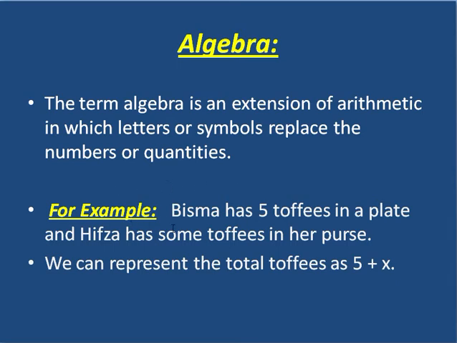For example, Bisma has 5 toffees in a plate and Hifza has some toffees in her purse. So we can represent the total toffees as 5 plus x. This x shows Hifza's toffees, that is an unknown value.